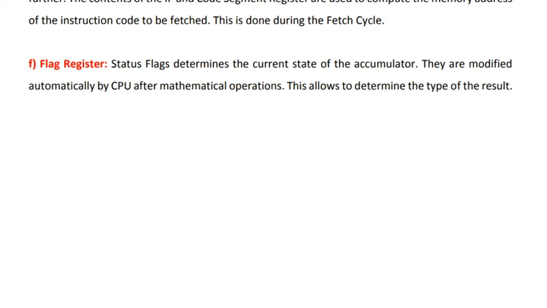If there is a carry from the third bit or a borrow from the third bit in addition or subtraction, the auxiliary carry is set. If there is an even number of ones in the lower order byte of the result, the parity flag is set. If there is an overflow from the 15th bit or the 7th bit, the overflow flag is set. These are the reasons why the status flags may be set.